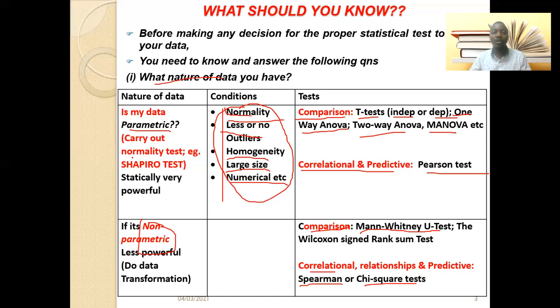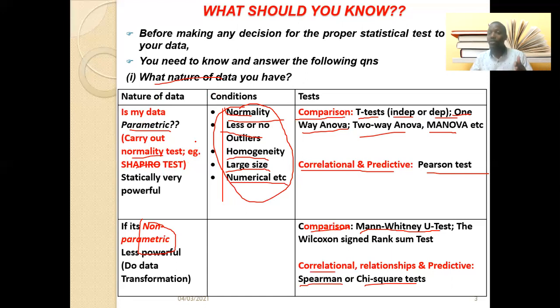That's where we carry out a normality test in a particular software, where we find some of the tests that are very useful for testing normality, the Shapiro test, the Kolmogorov-Smirnov test and others. They are very useful. So if you want to use parametric tests, such as one-way ANOVA, t-test, independent t-test, and your data are not normally distributed, there is an option of transforming your data into normality.